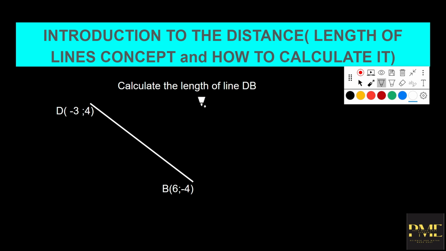So i-distance ke okanye i-length, okay, is calculated using the formula ethi distance is equals to square root, right, of x2 minus x1, okay, all squared plus y2 minus y1 all squared.